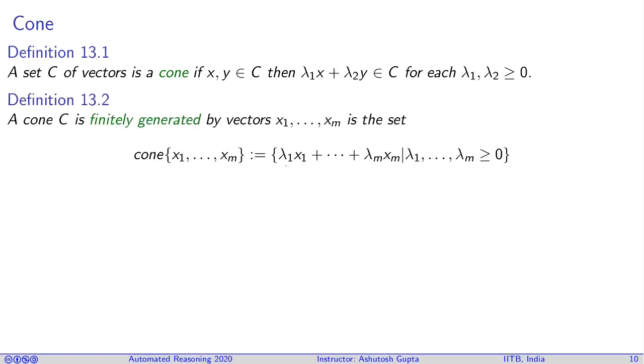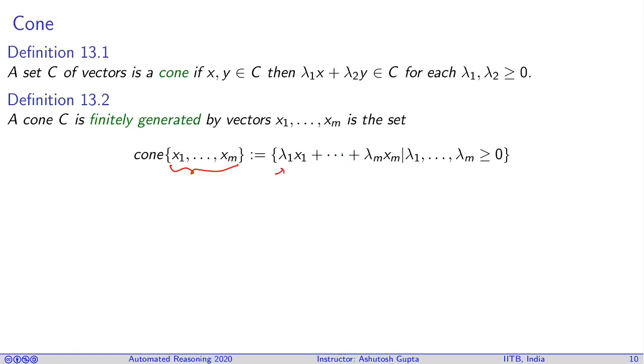A cone is called finitely generated if there is a finite set of m vectors such that their non-negative linear combinations give you all the vectors inside the cone.